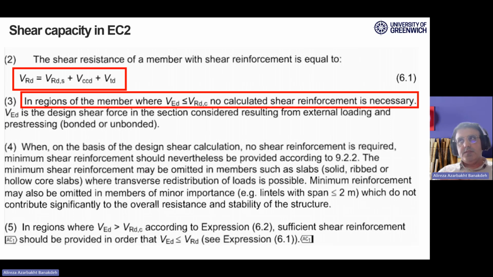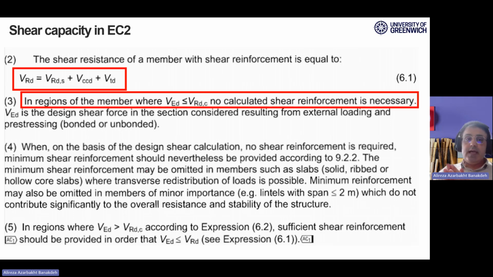But one of the biggest differences between the American code and Eurocode is that when we are designing for shear actions in Eurocode, we do not rely on the concrete contribution to carrying shear forces. For example, if you have some shear forces to be designed, you should allocate all of the shear forces to the reinforcement. This is probably the most highlighted difference between the American code and Eurocode.